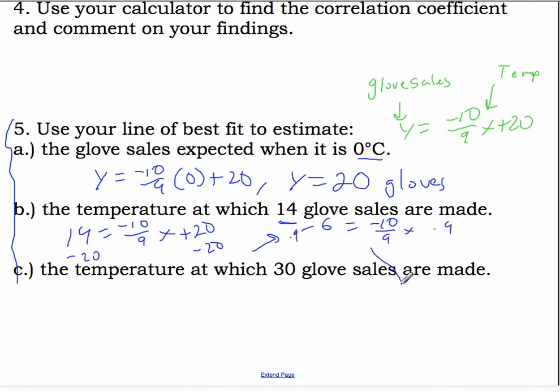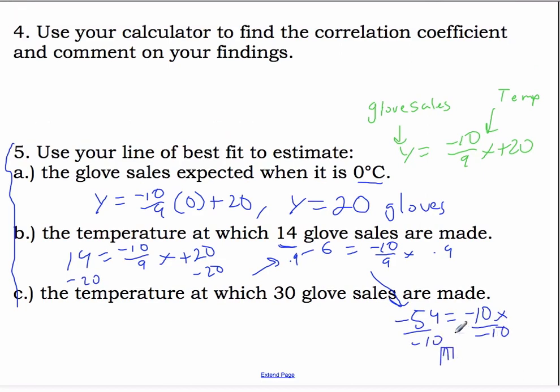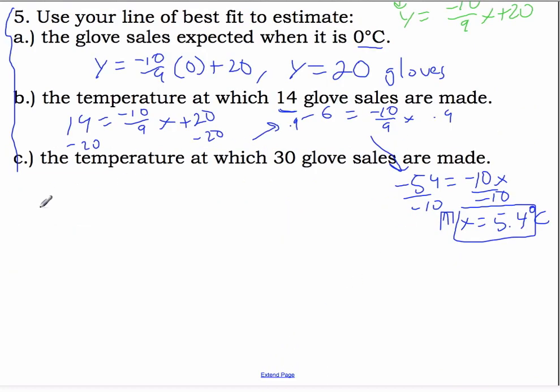I get negative 54 equals negative 10x, divided by negative 10. X equals about 5.4. Okay, so when the temperature is about 5.4 degrees Celsius, or around 5 degrees Celsius, then you can expect to sell about 14 gloves.